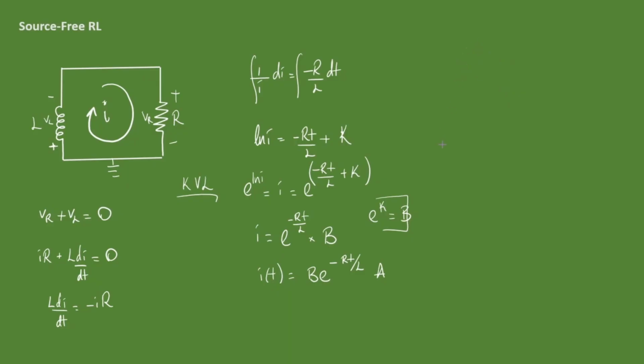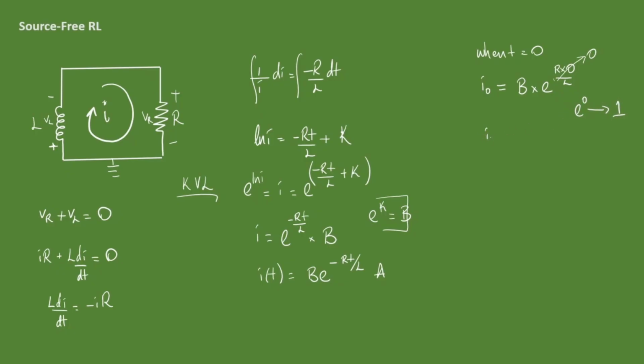Remember, we set t equals 0. When t equals 0, remember our inductor got charged up. Once it is charged up at t equals 0, we have a maximum current. So I naught is equal to b times e to the minus R times 0 over L. This reduces to 0, and e to the 0 reduces to 1.